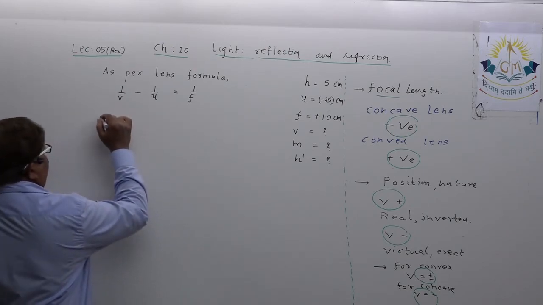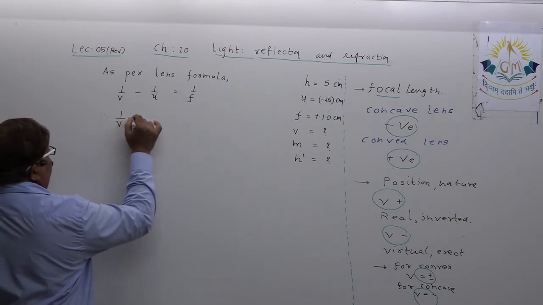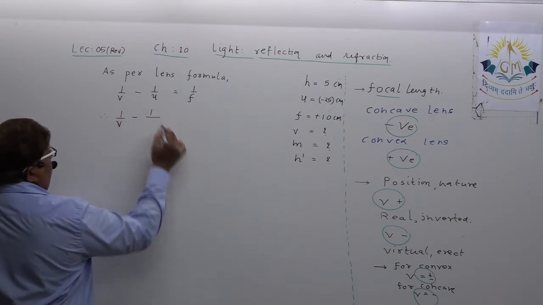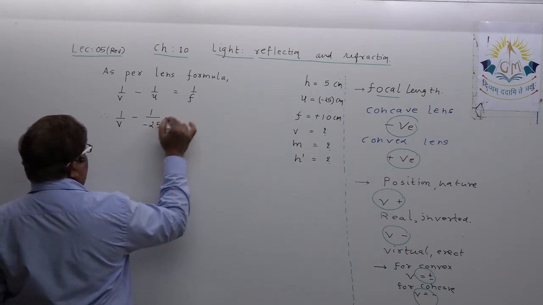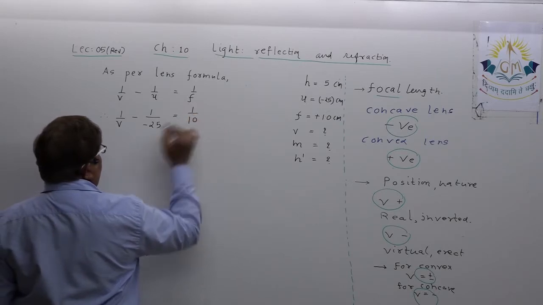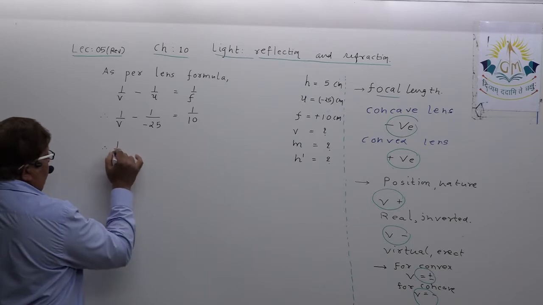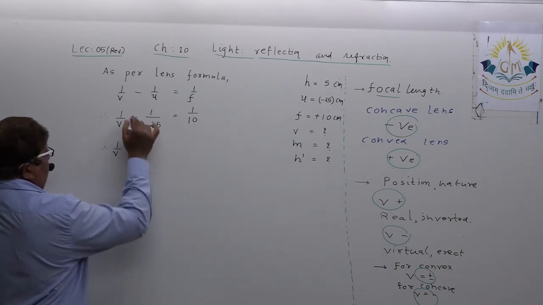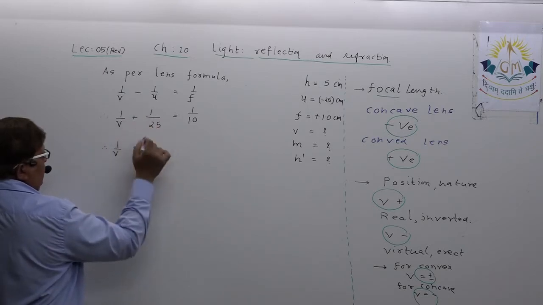Substitute the values. 1 upon v minus u, which is minus 25, equals 1 upon 10. Okay. Let us transfer. This is, dear student, minus minus plus.